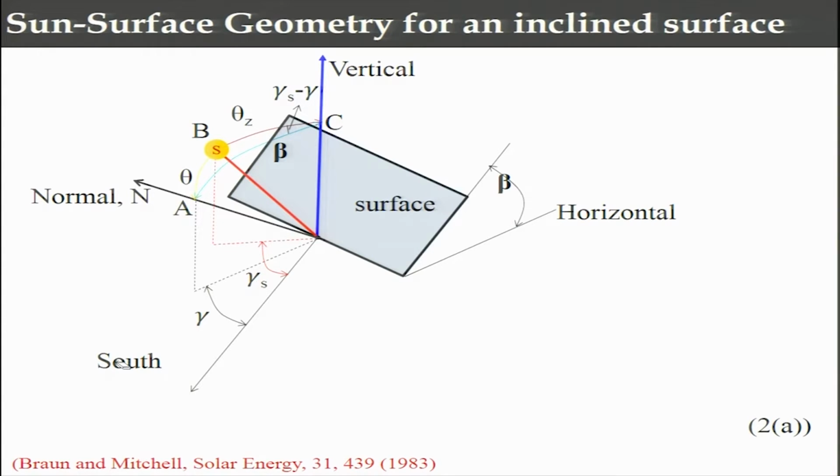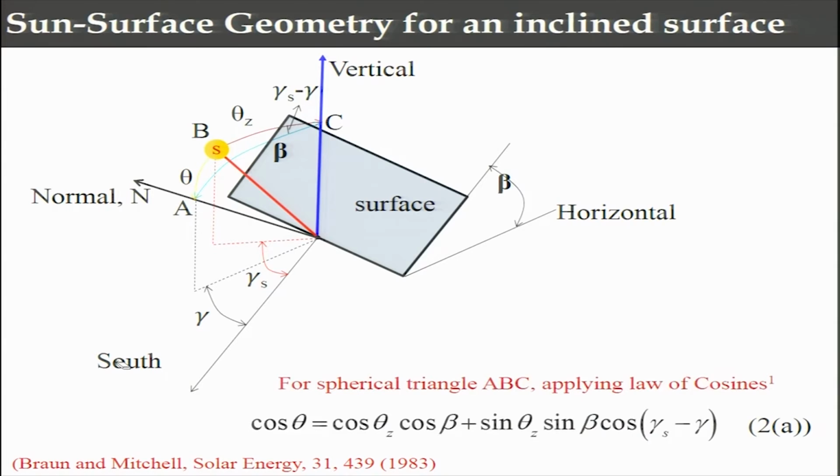Applying the law of cosines to this spherical triangle, the first relation I get is cos theta equals cos theta z cos beta plus sin theta z sin beta cos of gamma s minus gamma.